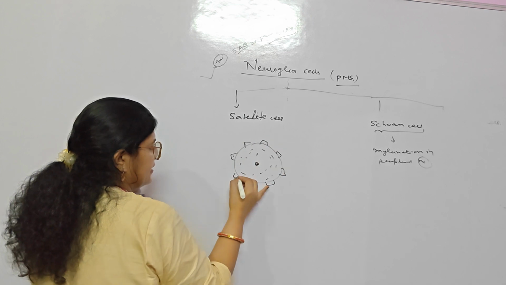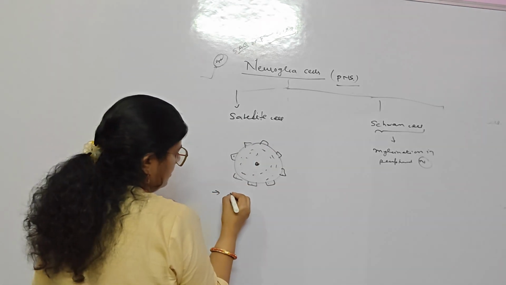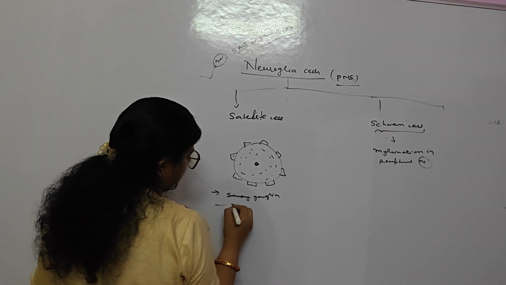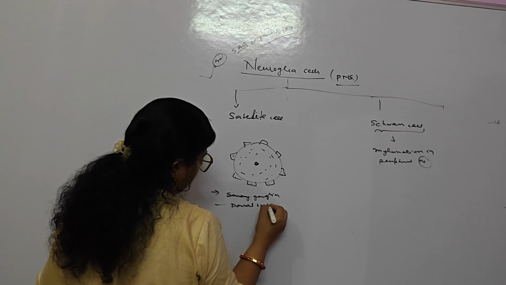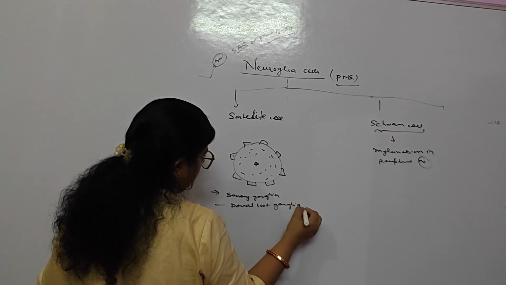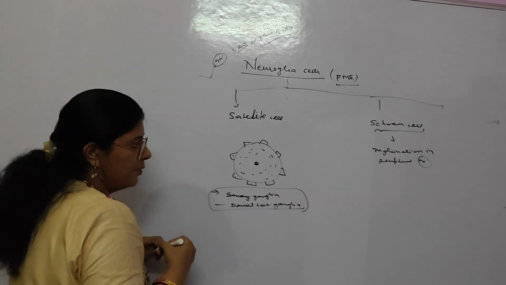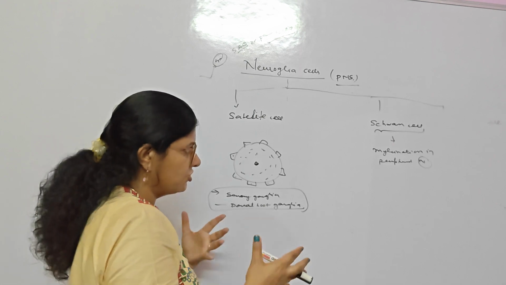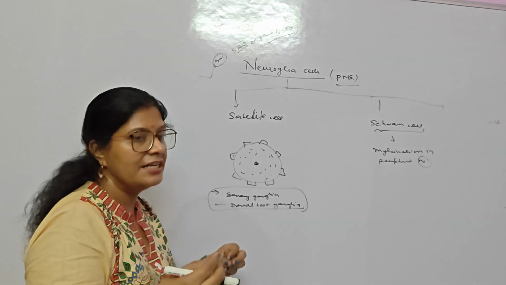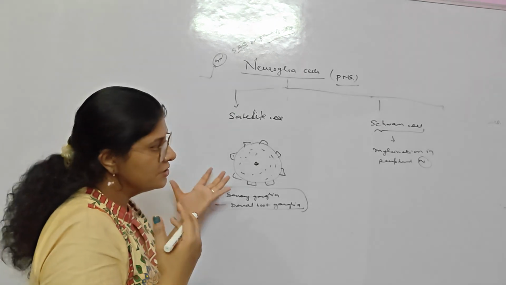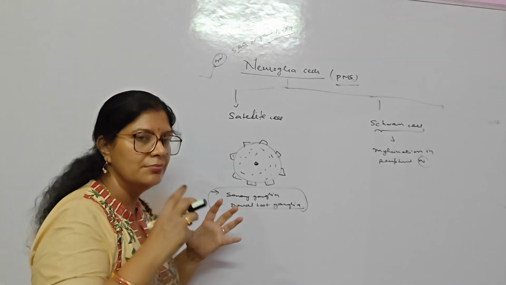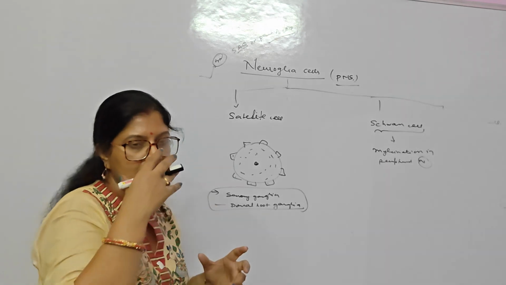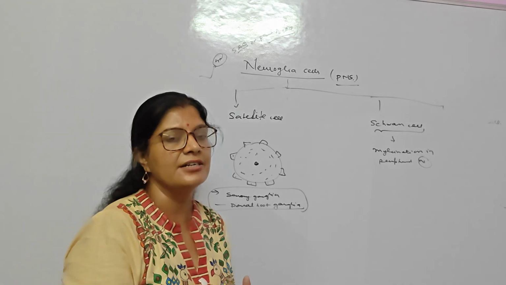These satellite cells are present in the sensory ganglia or dorsal root ganglia. Sorry, they are not important in conduction of nerve impulses, but they support the peripheral nervous system, and those cells support the central nervous system. So the basic function is structural support from all sides. So this is all about neuroglial cells.